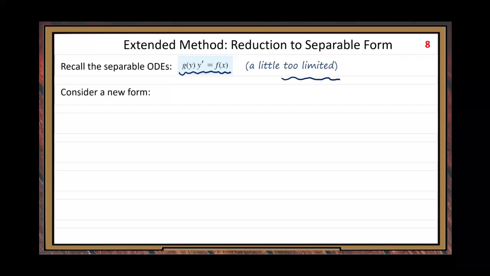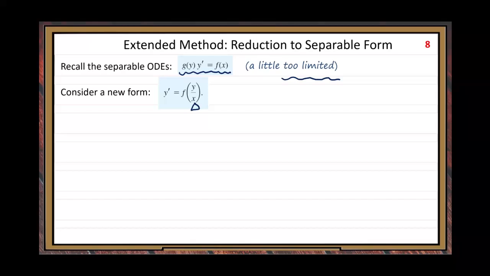So let me give you the first form. The first form is y prime equals f of y over x. Here you can see inside the parenthesis, there is a special structure, this fractional structure, y over x.